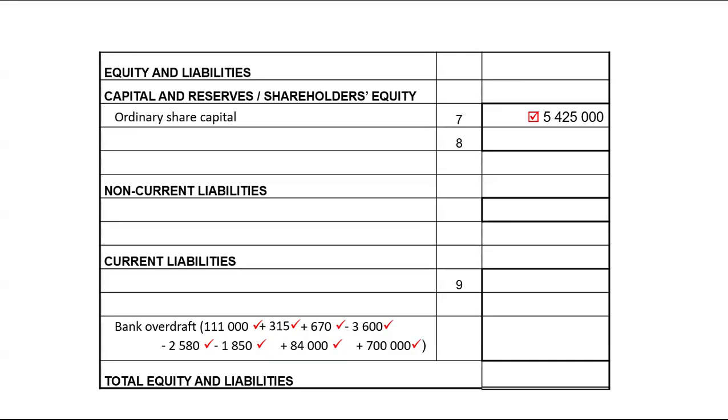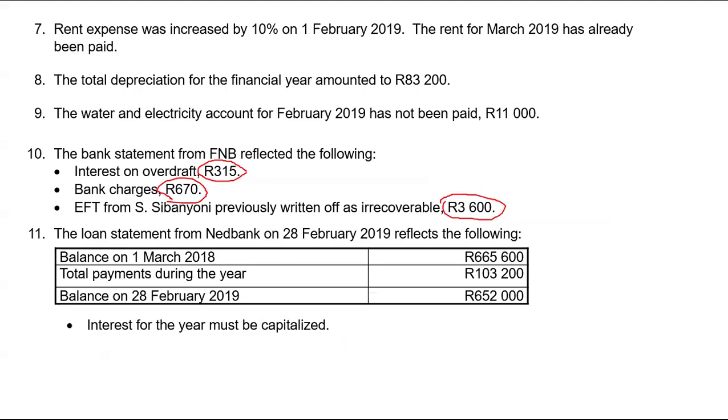Then I will record my retained income as well as my long-term loan from Nedbank, which was 652,000. That's all I had. By the way, that was the closing balance as per the loan statement.